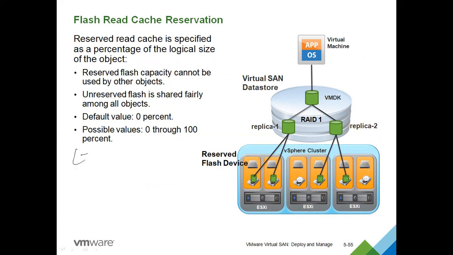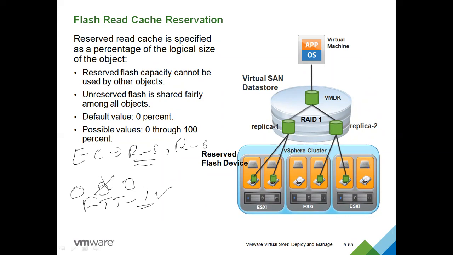Under erasure coding, we have 2 sections, RAID 5 and RAID 6. If we talk about RAID 5, it means it's going to create 2 data and 1 parity, in this way. So RAID 5 always supports only FTT1, which means failure to tolerate 1. With RAID 5 erasure coding, we can only tolerate 1 host failure at a time, right?